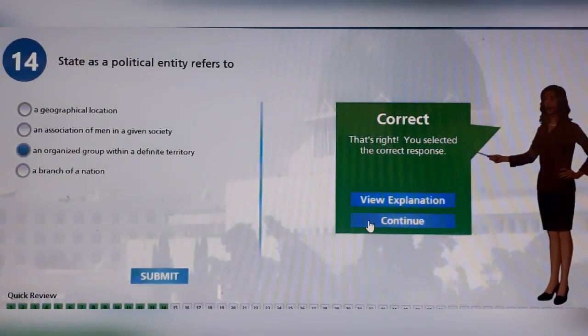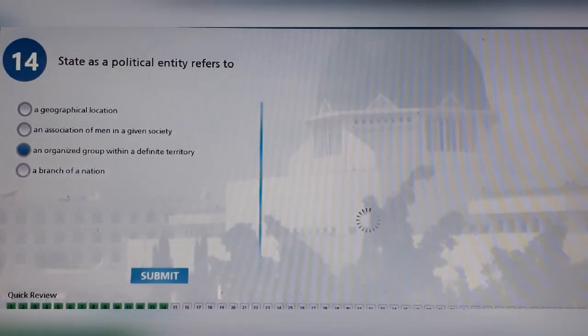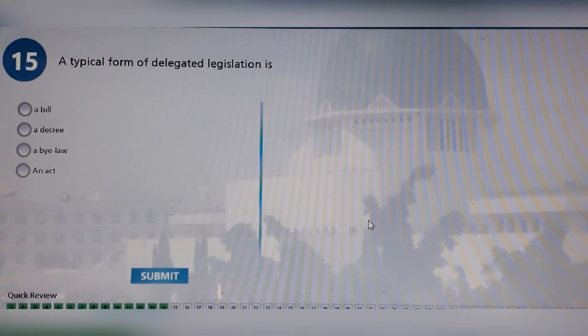Let's move over to the next question. Number 15 says, a typical form of delegated legislation is A, a bill, B, a decree, C, a bylaw, and D, an act. Which of these is a typical form of delegated legislation?